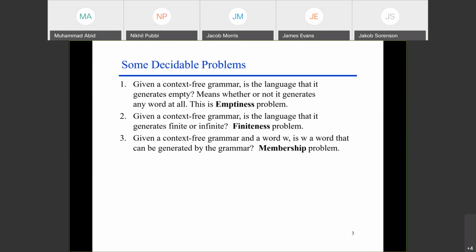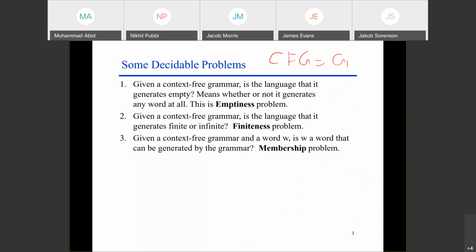But we do have answers to some questions. What are those questions? Given a context-free grammar, let's say it is represented by G1, is the language that it generates empty, meaning whether or not it generates any word at all.